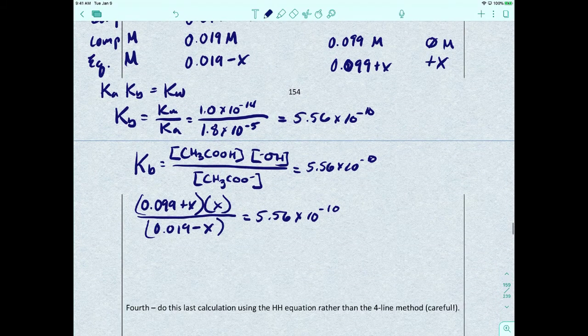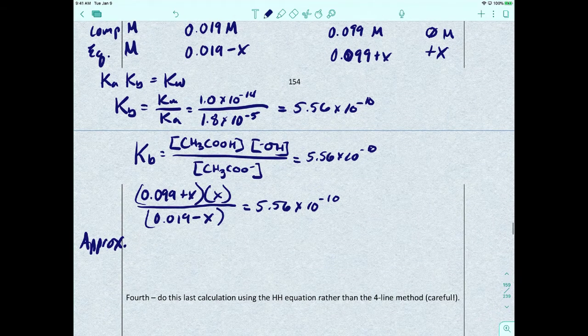Okay, so if we apply the approximation and rewrite things, the x's will cancel inside those expressions. Because the x's are going to be small, they're not going to matter. So we're going to have something like this: 0.099 divided by 0.019 times x is equal to 5.56 times 10 to the minus 10th.